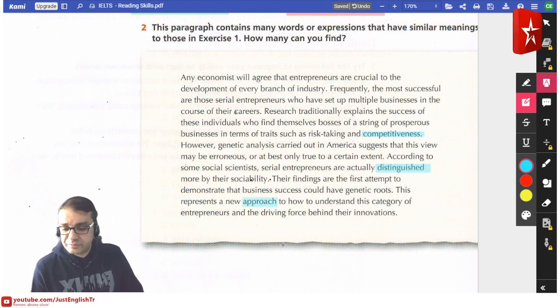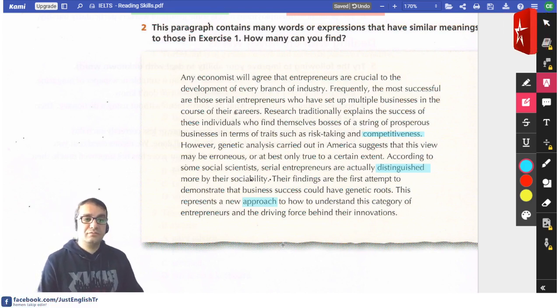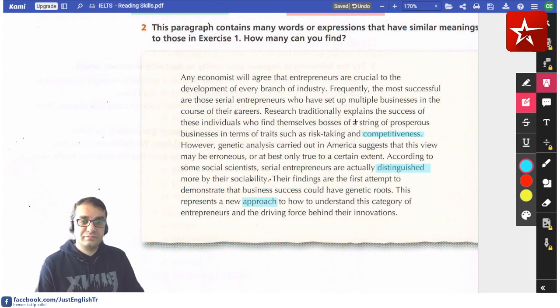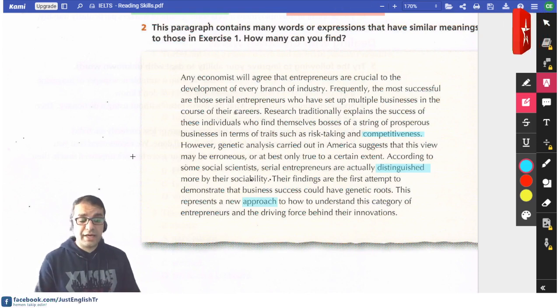What else? Erdogan also, boss, employer, also correct.